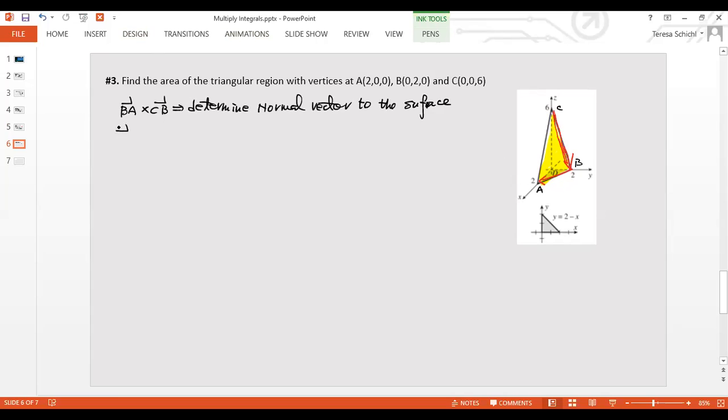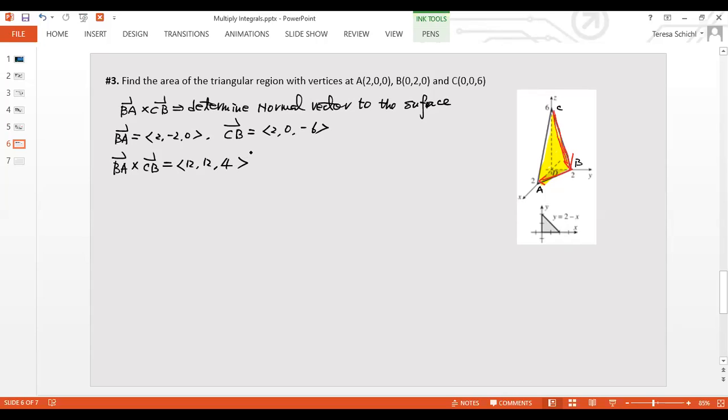So now I know BA, I can write it: this one will be 2, -2, 0. And I can find CB here: CB is 2, 0, -6. So let's do a cross product. The cross product here will be 12, 12, and 4.